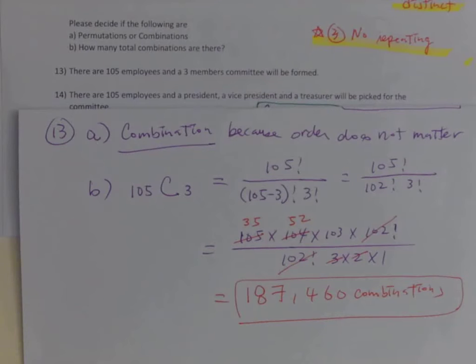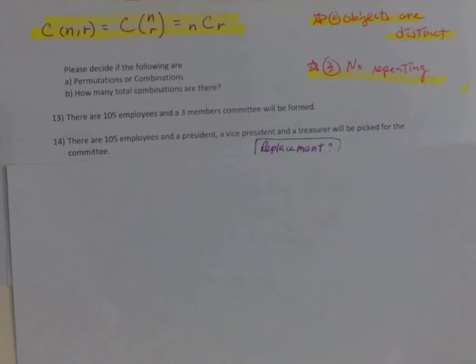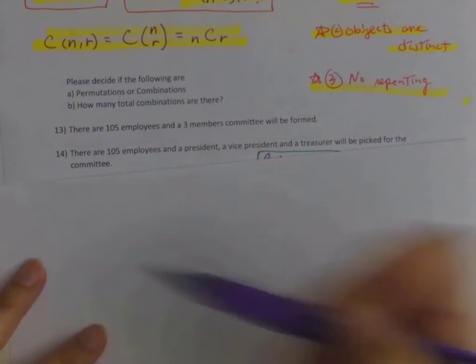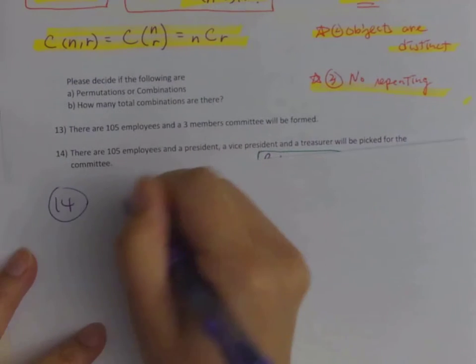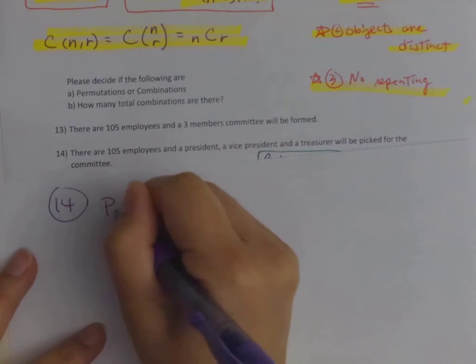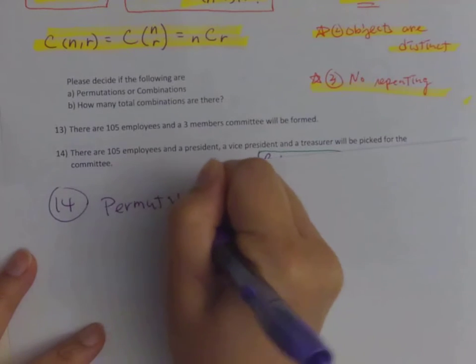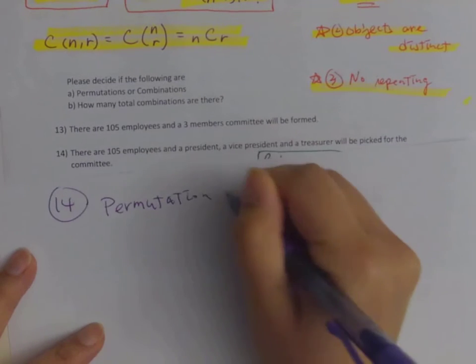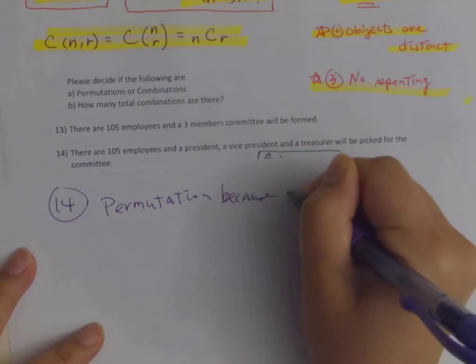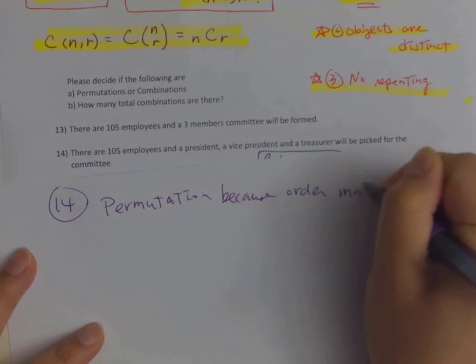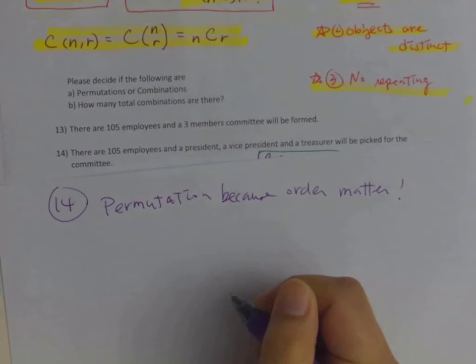So for number 14, I think this is permutation because order matters.